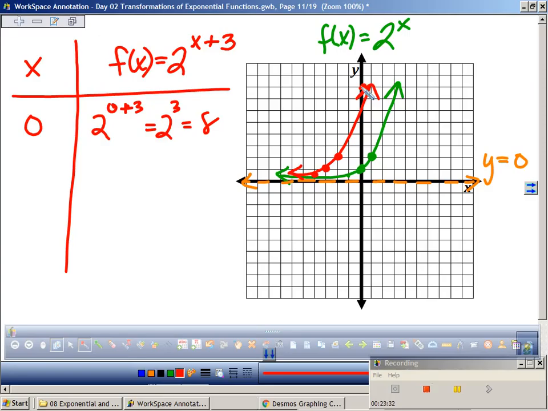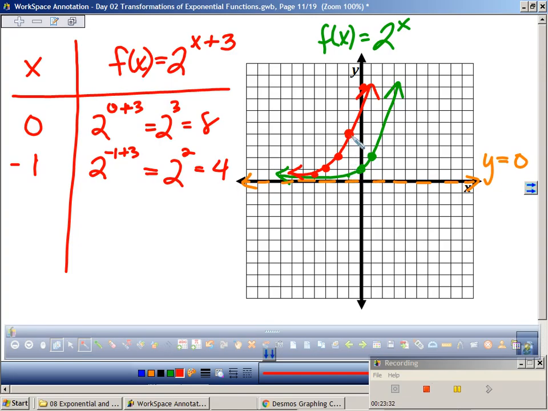What number would you try next? You want to go over 2 this way? We want to go over -2, because that would get us closer over here. Okay, let's try -1 first, because I want to just show you the progression. -1 would give me 2 to the -1 plus 3, which is 2 to the 2, which is 4. -1, 1, 2, 3, 4.